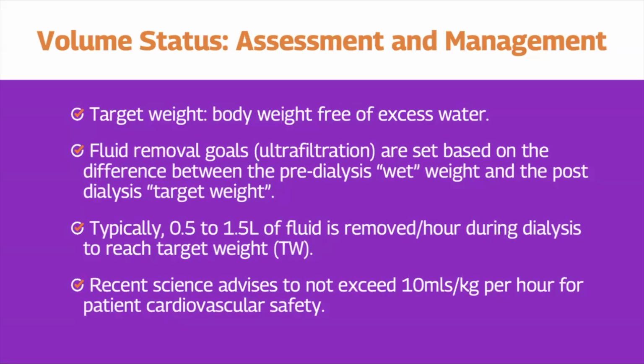They come in for treatment today on Tuesday, and they weigh 72 kilograms. So we have 2 kilograms of fluid to remove, which equals 2,000 milliliters. So that would be 1.5 milliliters per hour is removed from our patient that's 70 kilograms. Recent science advises us not to exceed 10 milliliters per kilogram per hour for patients' cardiovascular safety.